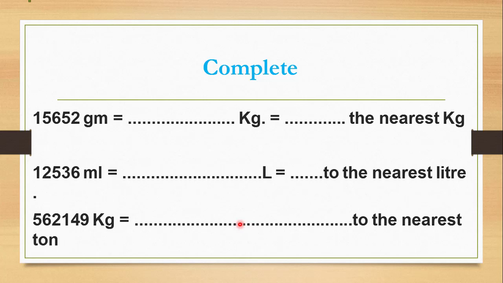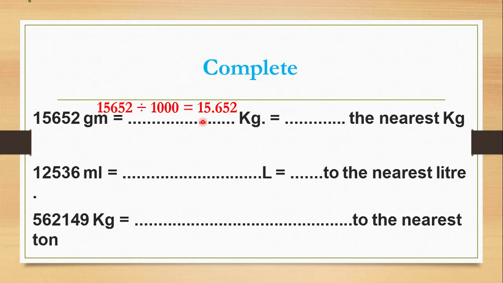More exercises. Here we have gram to kilogram, small to big. So, excellent. Divide by 1000. And now I want to approximate it to the nearest kilogram. To the nearest kilogram means to the nearest unit or to the nearest whole number.